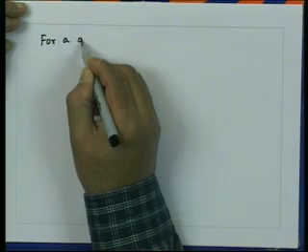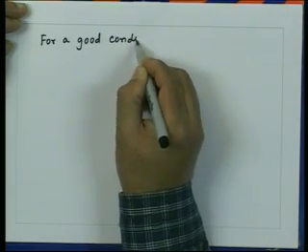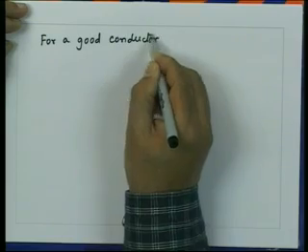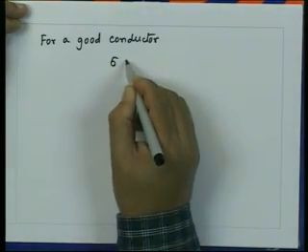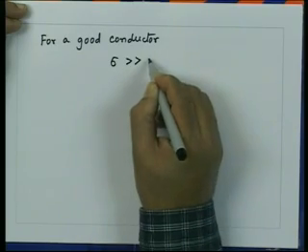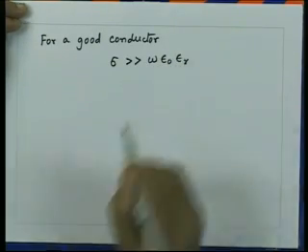So, we say the material is a good conductor. For a good conductor, we should have sigma much greater compared to omega epsilon 0 into epsilon r.